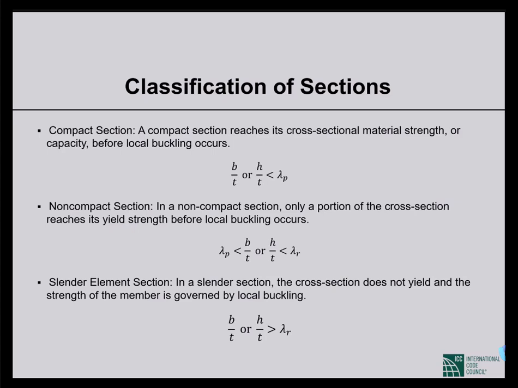Most of the time we try to make our sections compact because we don't want to take the risk of local buckling. But we can design for non-compact section too. But slender element sections are always advisable to avoid. Although there are criteria for that, that will make the sections inefficient. But we can design that.